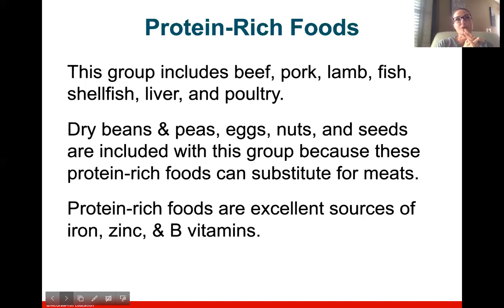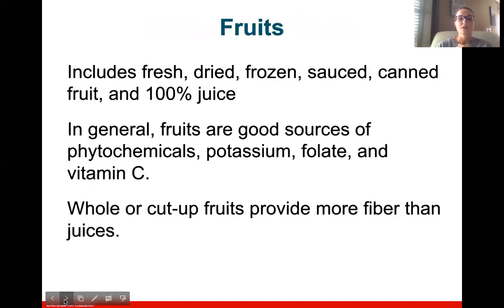So unless you're working out really hard or you have some other condition where you have increased protein needs, most of us eat more protein than we need. We're never really deficient in that area, especially if we're consuming animal protein sources.